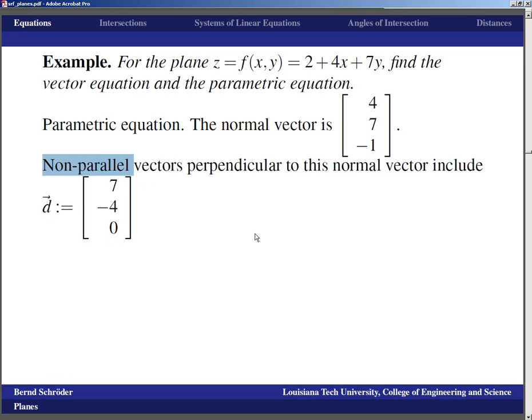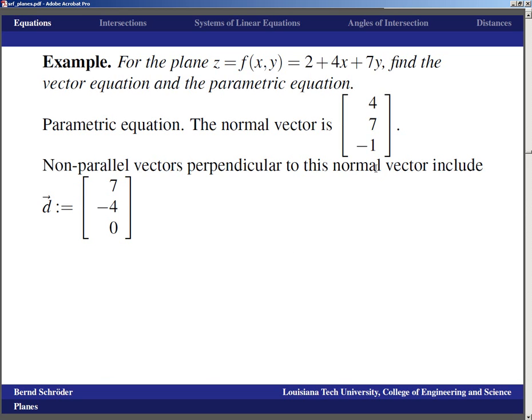One way to fail here is to use a vector like 14 and negative 8, because then I'm going in the same direction twice and I'm ending up with a line that has a really awkward parametrization. One way to make a vector non-parallel to this one is to make sure that I've got a non-zero third component.